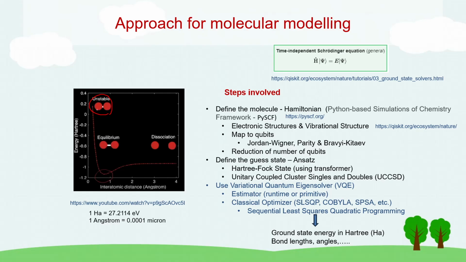And with higher energy it will be unstable, and if you increase the distance between the atoms, then there may be a slight increase in the energy, but it also will be unstable.